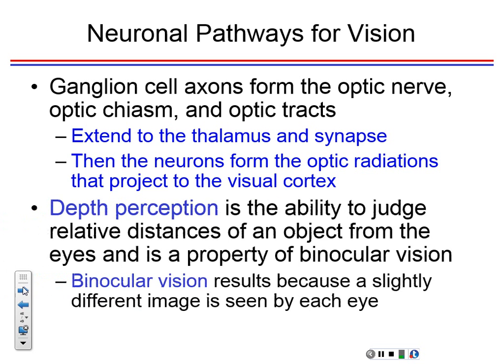Depth perception is the ability to see distance, and it's because of binocular vision. When you're looking at an object, part of it is seen only by the left eye, part only by the right eye because of the light rays, but most of it both eyes can see.